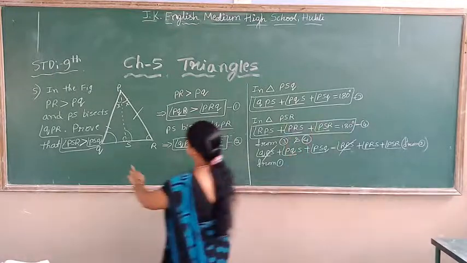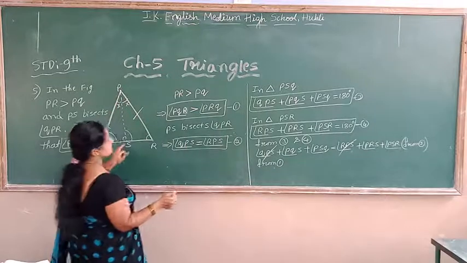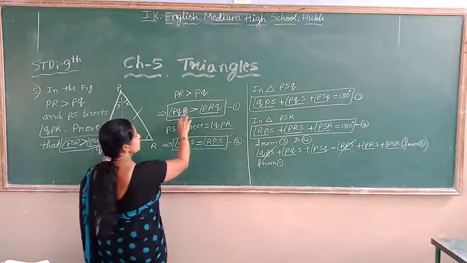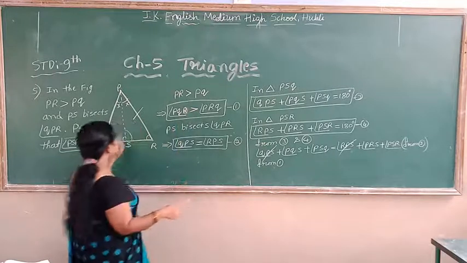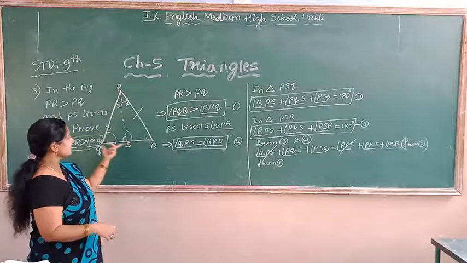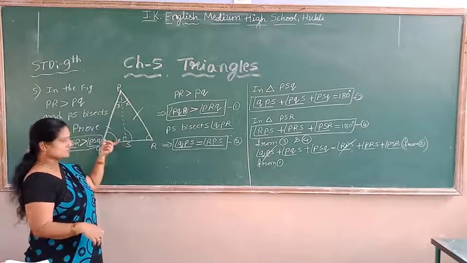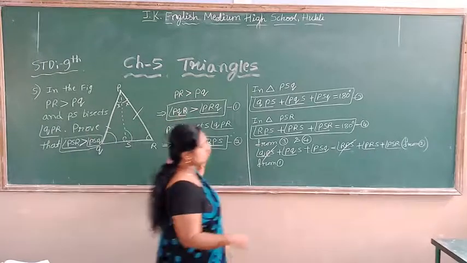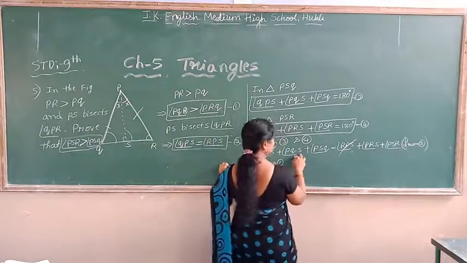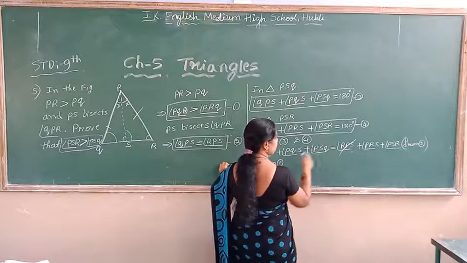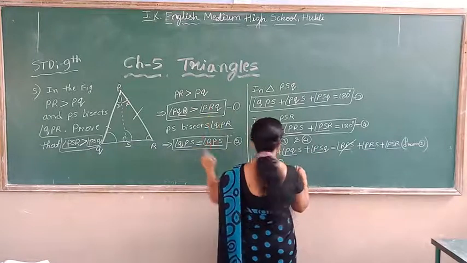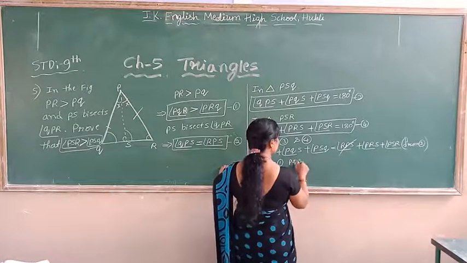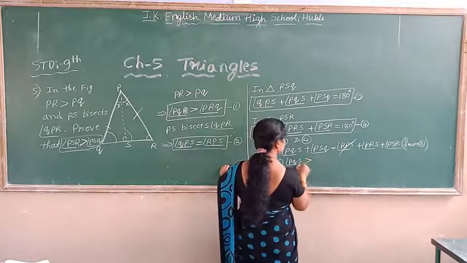If you get confused, you can write it as angle PQS, no problem, or consider angle PQR. PQR angle is nothing but PQS. From equation 1, angle PQS is greater than angle PRS, children.